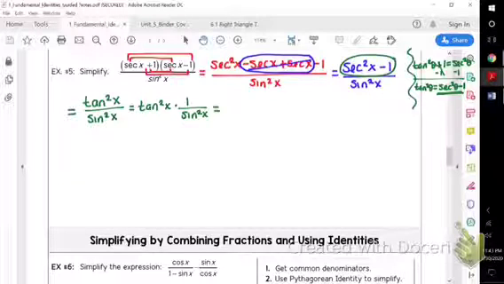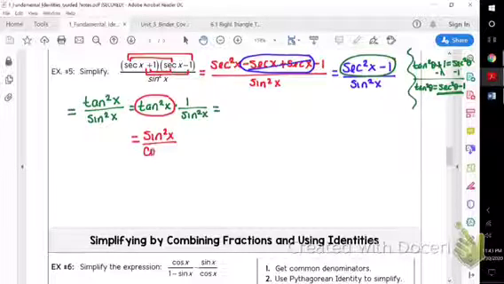Well, I recognize that tangent squared of x is a quotient identity. And so we know that tangent squared of x is the same as sine squared of x over cosine squared of x. And then it's still being multiplied times 1 over sine squared of x.